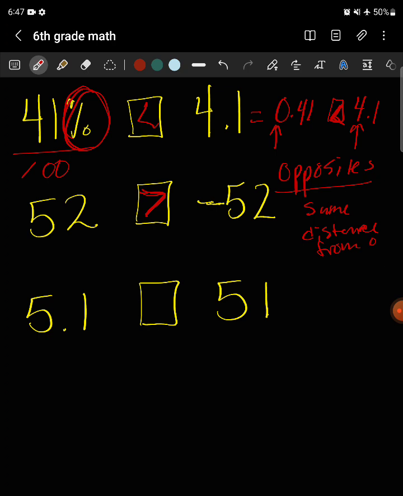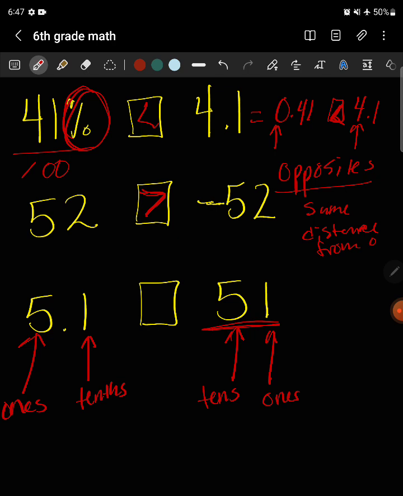All right, and so for my last one, we have 5 1/10 and 51. This one is all about making sure that we understand place values. With this problem, I have my 5, which is in the tens, and my 1, which is in the ones place. With this, I have a 5 in the ones, and I have a 1 in the tenths place.